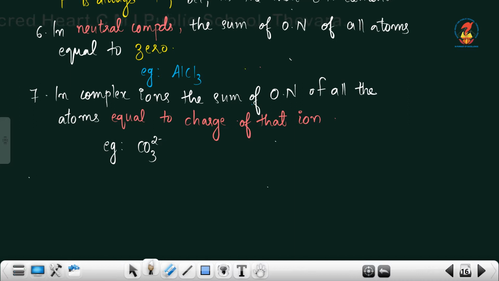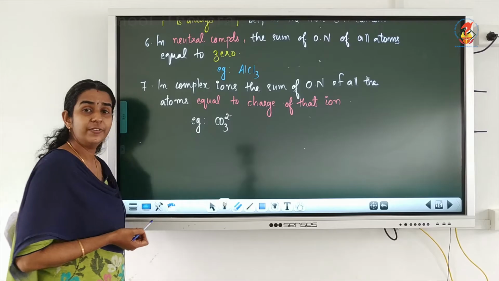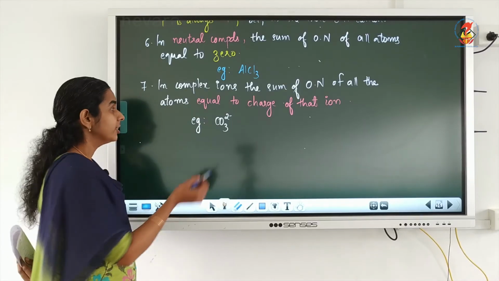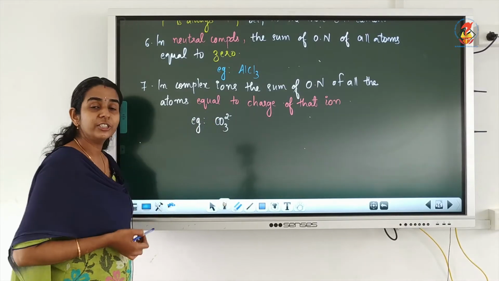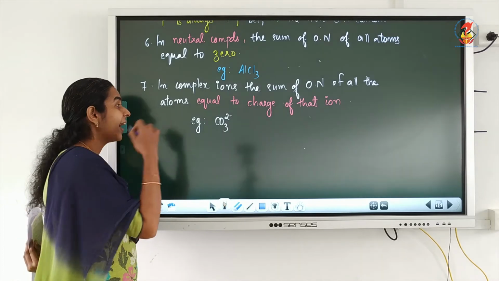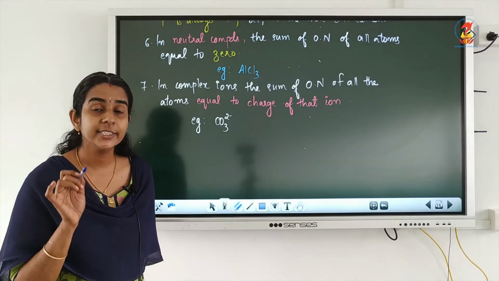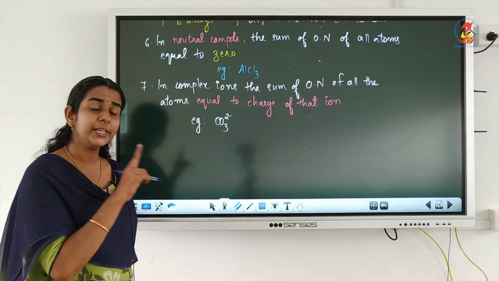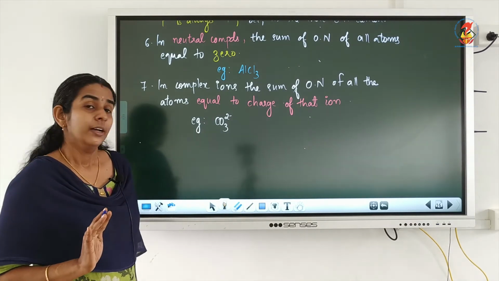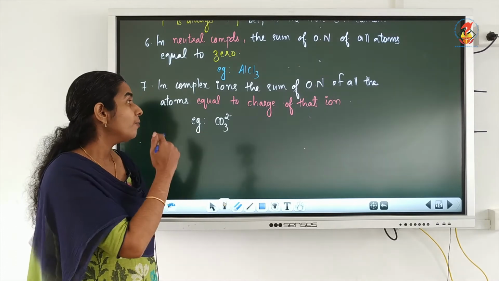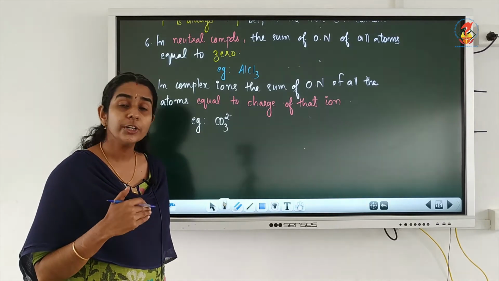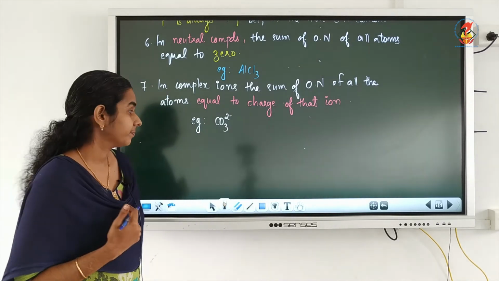So for example, in CO3 2-, the overall charge given is -2. So here the sum of oxidation state of carbon and the 3 oxygen atoms should be equal to -2. So in the case of complex ions, the sum of oxidation state should be equal to the charge.